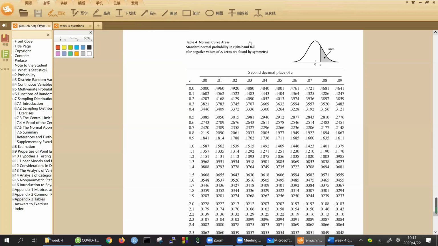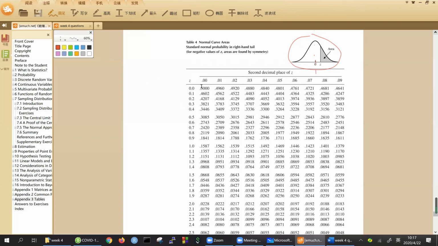So this is our Z table, or the normal table. The first thing I want to guide you to is this graph over here. Whenever you are given a distribution table, you must first look at this graph. It's usually located on the top of the page. What this graph is telling you is, first off, this shaded region is only giving you the right half of this distribution.